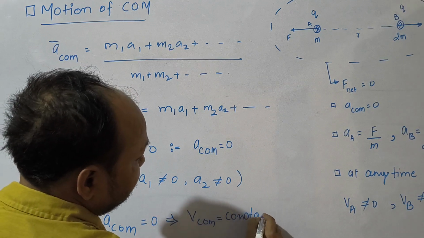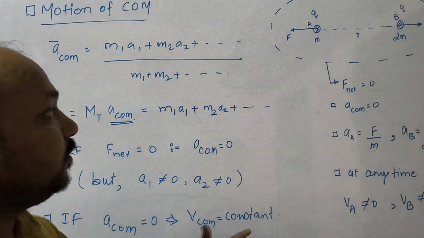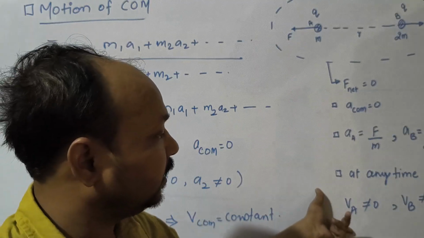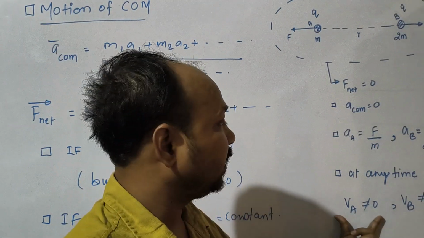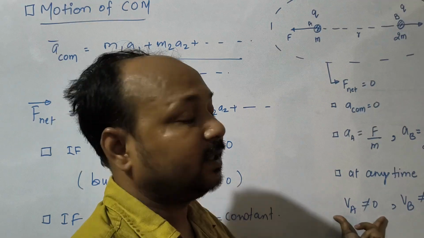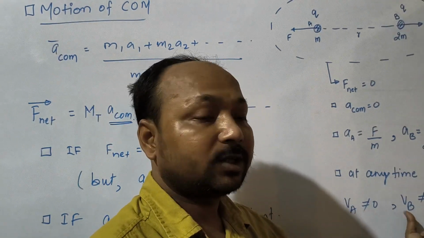Yes, of course it is constant. But it doesn't mean that V1 will be constant and V2 will be constant. Here we can see Va is not a constant value. Due to the acceleration, this value will continuously increase. Here also, due to the acceleration, this value will continuously increase.